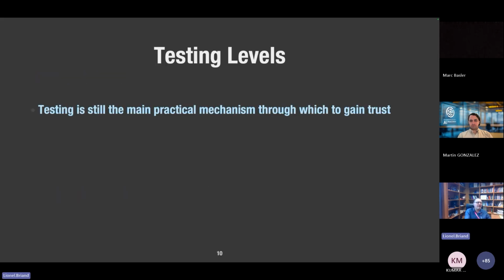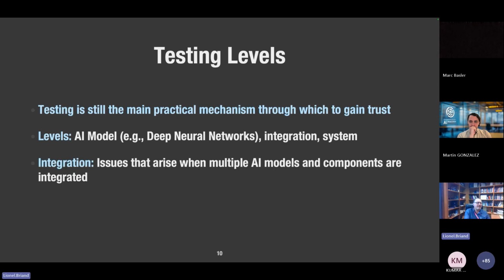So as a matter of fact, in practice, whether it's in the automotive domain, the satellite domain, or many other practical industrial domains, testing is still the main practical mechanism through which people gain trust in systems. And there are different types of testing.